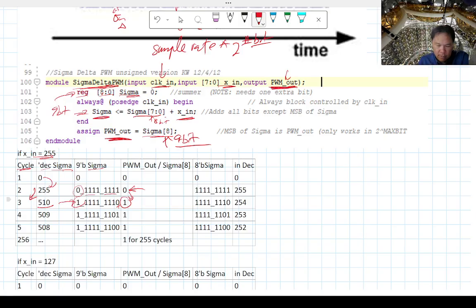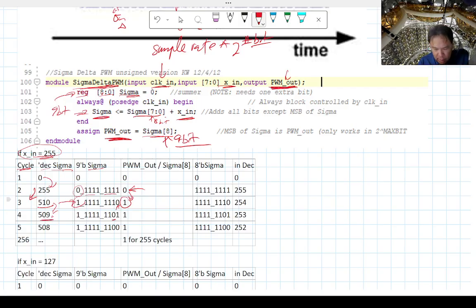That pulses the pulse width modulation high at the first point. But X is still 255, so the next clock cycle I get another 255. Instead of the decimal number being 510, I overlap and cycle through, overwriting this binary number, and that value becomes 509 instead.